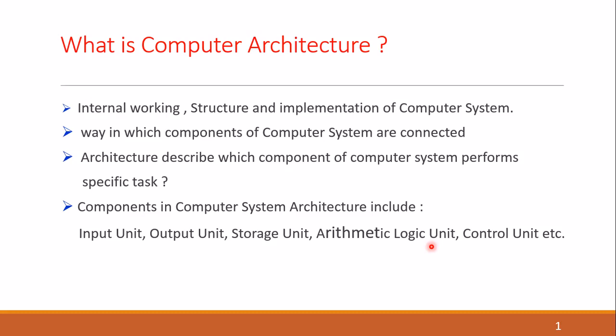The other component is the storage unit. Storage units include floppy disk drives, hard disk drives, and the now hugely used magnetic strips, super disk, tape cassettes, and zip diskettes. Then the arithmetic logic unit.